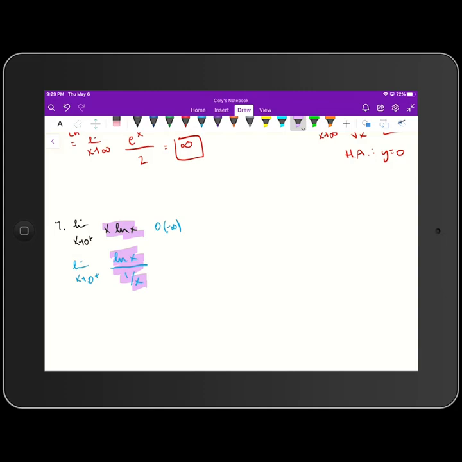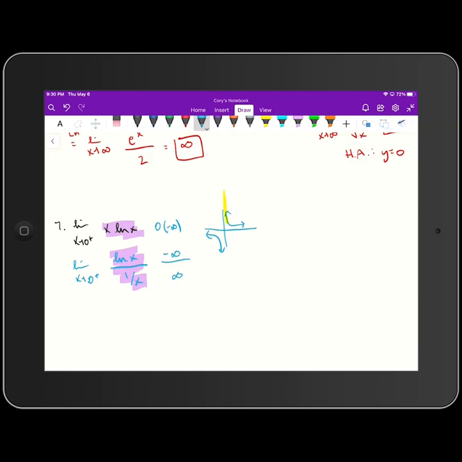Now, the reason that I want to use the expression in blue is that when we take the limit as x approaches 0 from the right-hand side, the natural log of x goes to negative infinity. And if you think about the graph of 1 over x, which looks like this, as you approach 0 from the right-hand side, that graph goes to positive infinity.